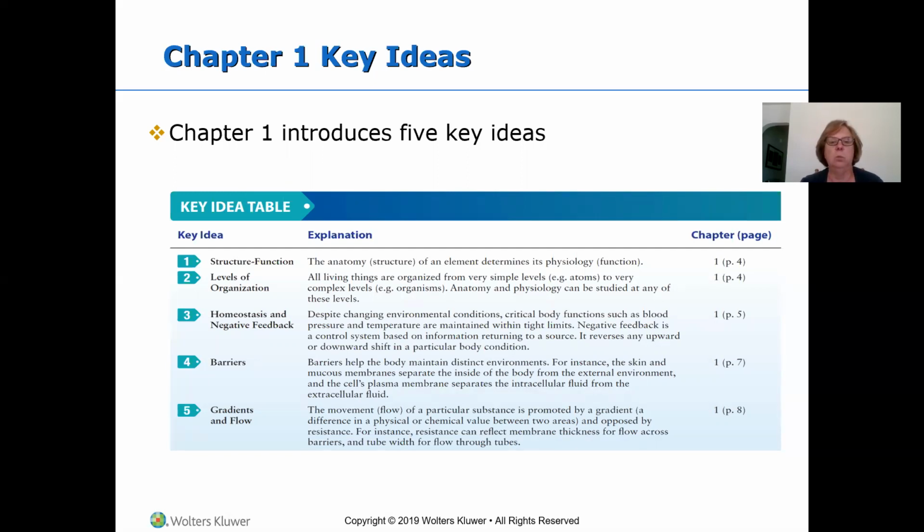I went over that with the syllabus. In any event, structure and function and levels of organization are key ideas, and how they're broken down and what page in the chapter you can find them.